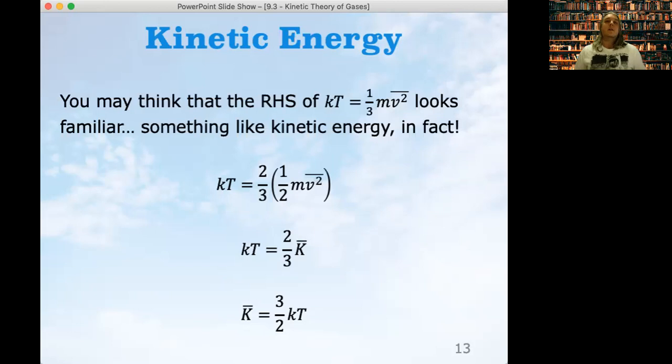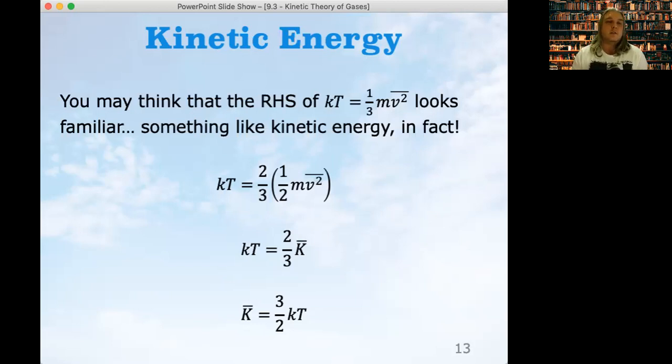So the average kinetic energy of all of those gas particles, 2/3 of that is equal to k times T. Remember, k is our constant and T is our temperature. So moving that 2/3 over the other side, so divide by 2 and times by 3 on both sides, we get that the average kinetic energy is 3/2 times the Boltzmann constant times temperature.